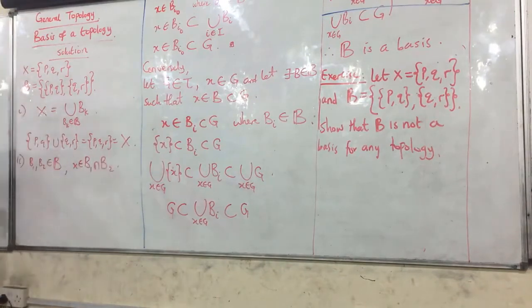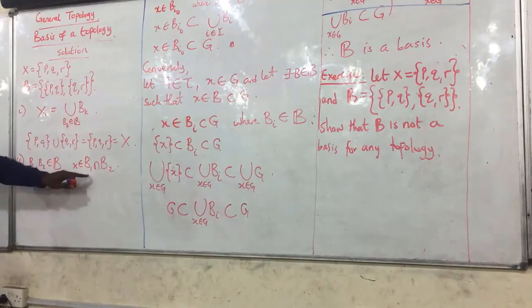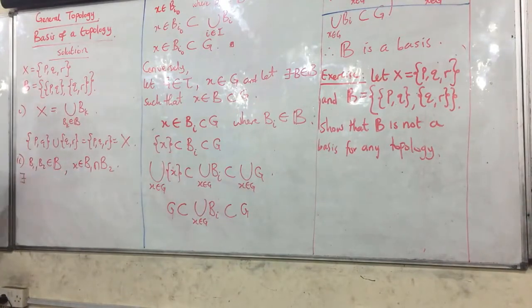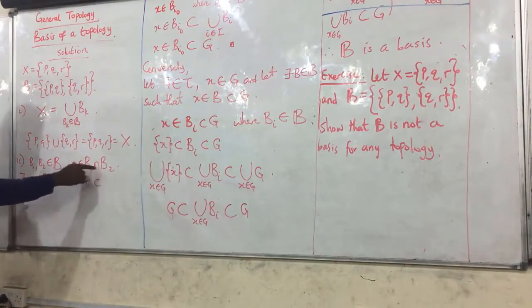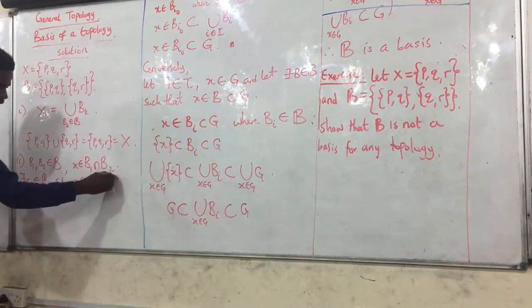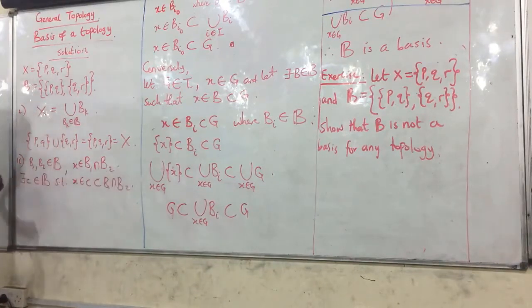If you take an element S in their intersection, then there is a C in the basis such that S will be in C, and C will be a subset of B1 intersection B2. Do you understand?